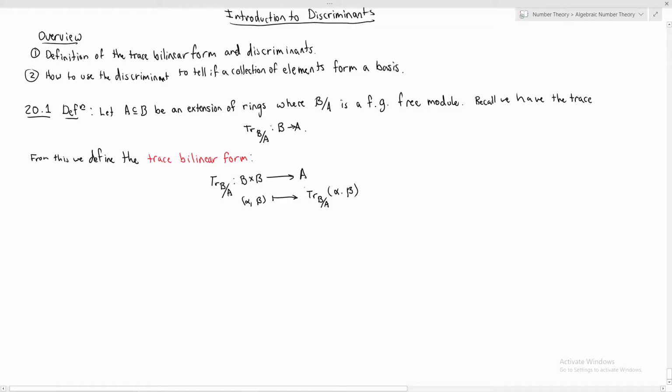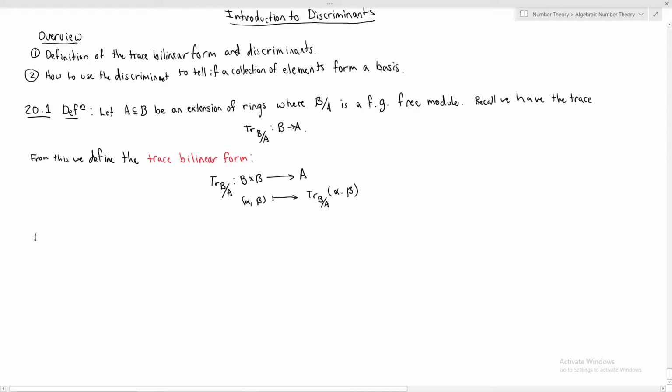Okay, so this is the bilinear form we're going to be using for most of this class. This is why we had the entire lecture on bilinear forms before. And the discriminant is essentially the discriminant of this bilinear form, but in the case of rings we have to be a bit more careful. Okay.